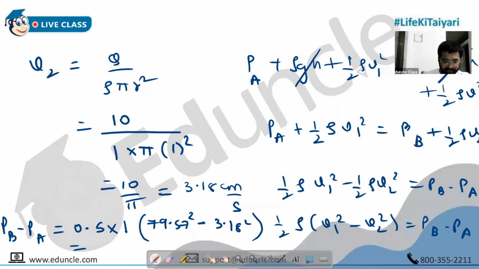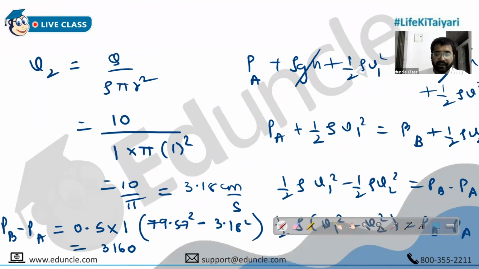I'm getting roughly 3160. Yes, it's absolutely correct. Outstanding. 3161 is the answer they have given us here. Nice. What will be the unit here?